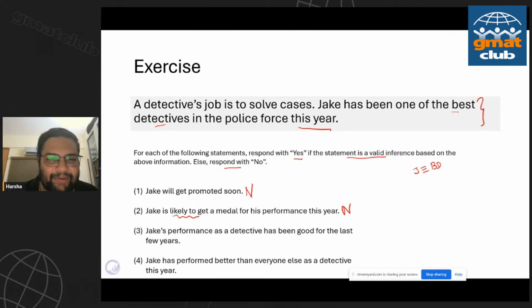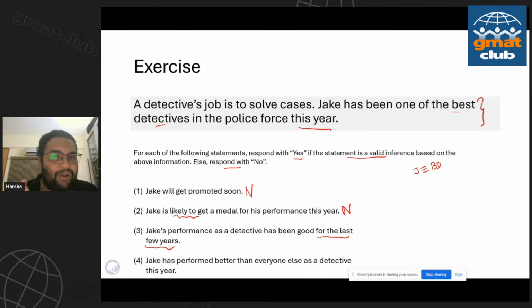Now let's talk about statement 3. Here we are looking at something very interesting. Jake's performance as a detective has been good for the last few years. Notice this: for the last few years. Firstly, I'm not even sure Jake could be one of the best detectives even though his performance is bad, because everybody else sucks, right?